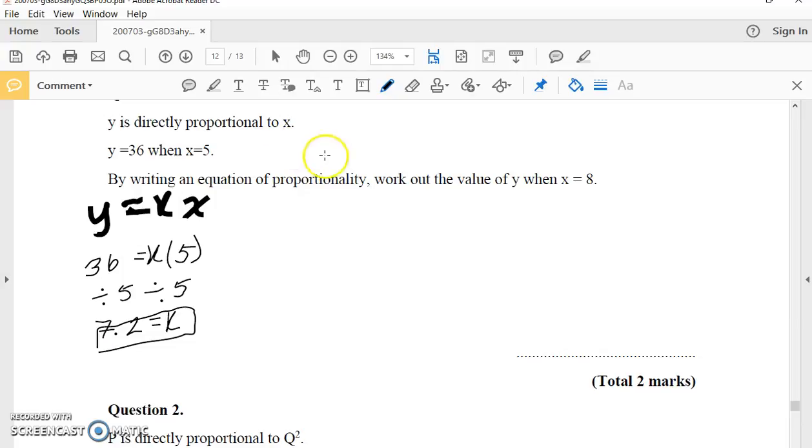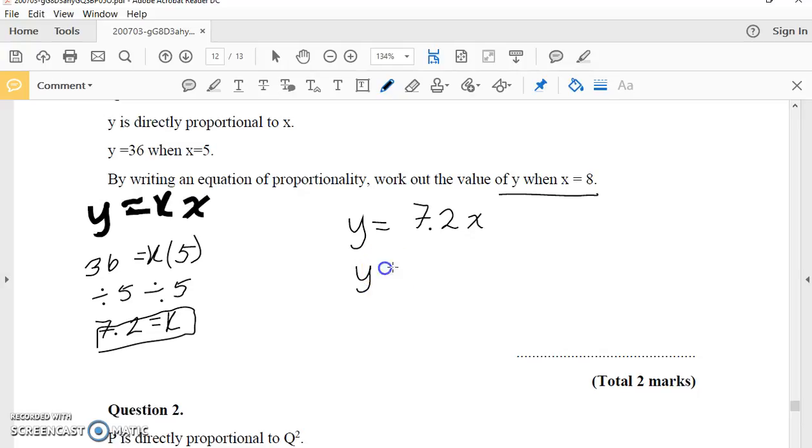Now, once I've found that k value, that's not going to change, and I can now use it to find out what y equals when x equals 8. So I'm going to write out my equation, same as I did before, but this time instead of kx, I've got 7.2x.